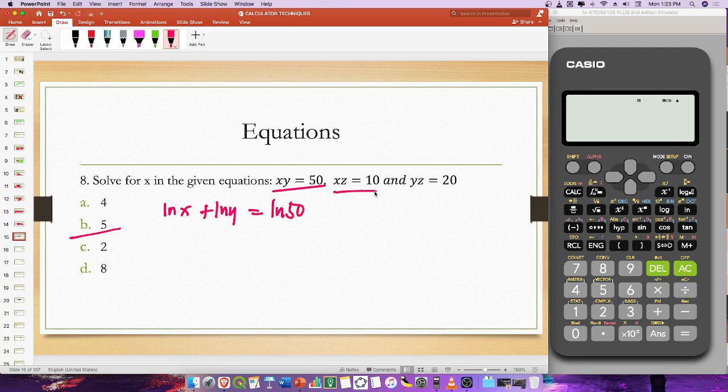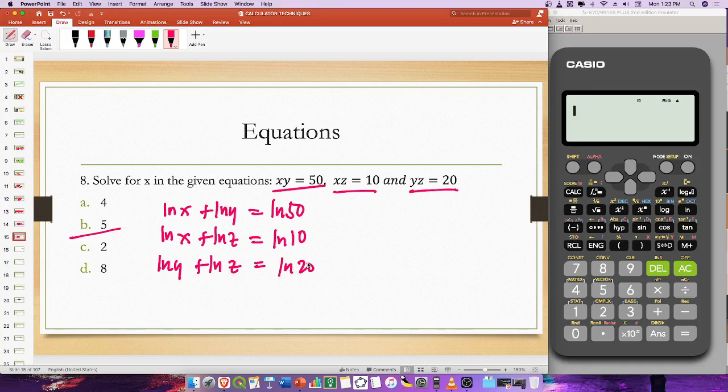For the next equation, we have ln x plus ln z equals ln of 10. From the next equation, we have ln y plus ln z equals ln of 20. Okay, now we can use the calculator to solve the problem here.